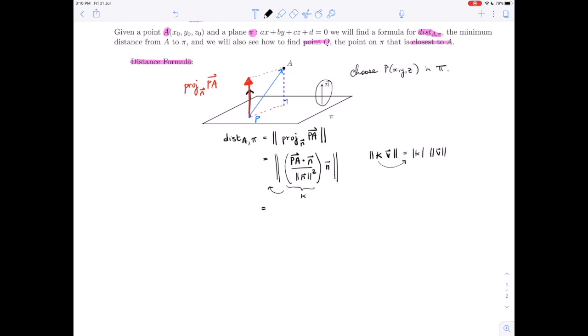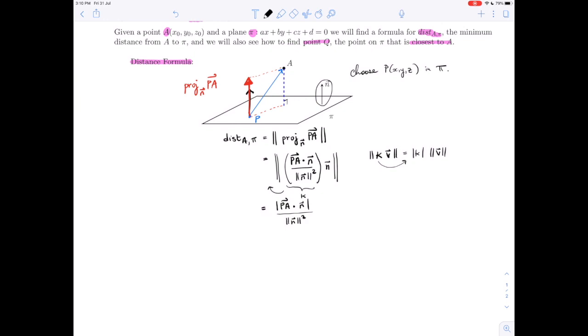And incidentally, that is one of the most common mistakes in the projection formula, so let's pretend that I did that on purpose to have a pedagogical moment with you. So when I bring that outside, I need to do so in absolute value. The norm squared is already positive in the denominator, so I can apply the absolute value just to the dot product in the numerator. So PA dotted with N over the norm of N squared.